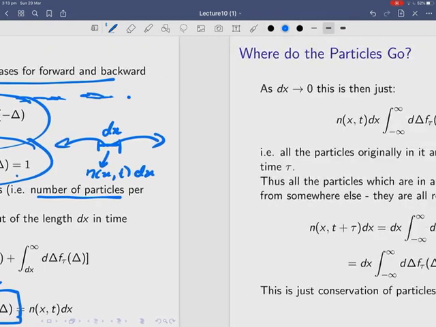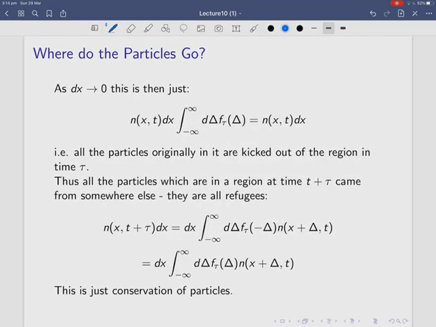Basically what that says is that all the particles originally in it are kicked out of this region. So in a time dt, time tau, all the particles that are in here are being kicked out, because dx is infinitesimally small. That means that all the particles that are in this region at time t plus tau must have come from somewhere else.